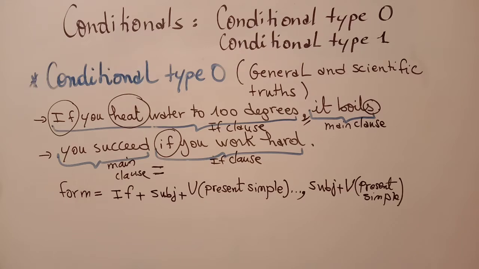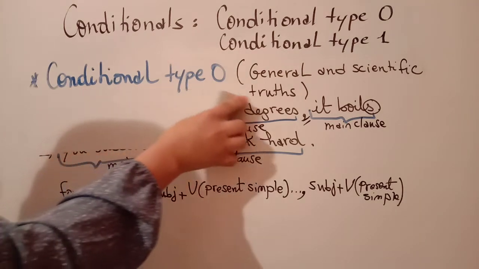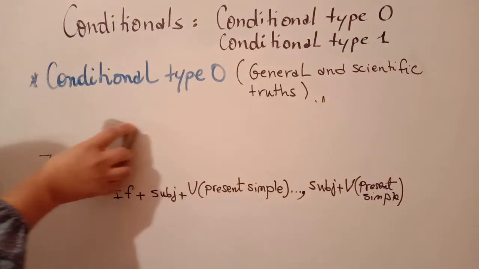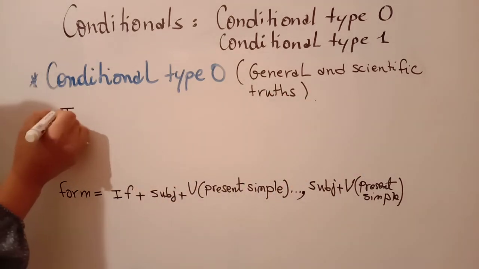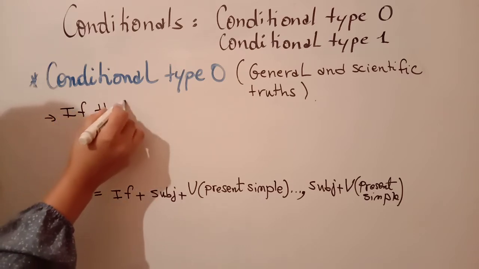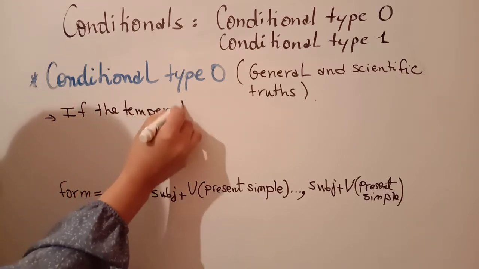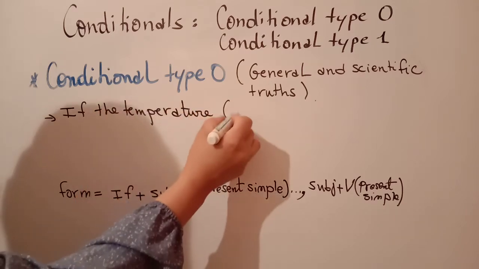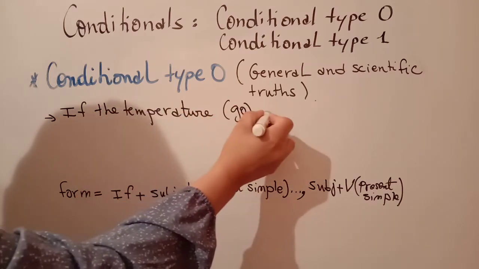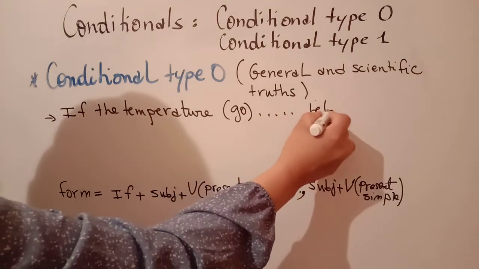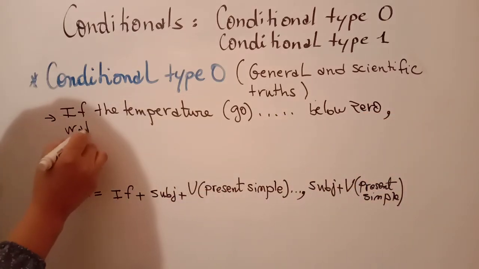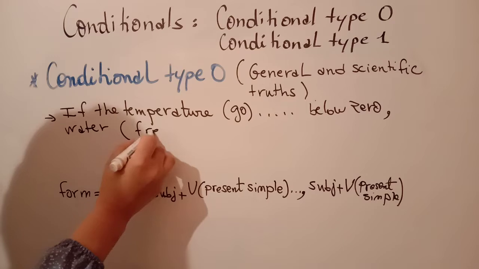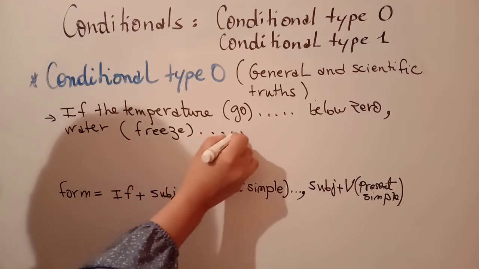Okay, so let's practice and learn more the form of conditional type 0. Okay, so for example, if the temperature, then you have the verb go between brackets, below 0, comma, water, and then you have the verb freeze between brackets.